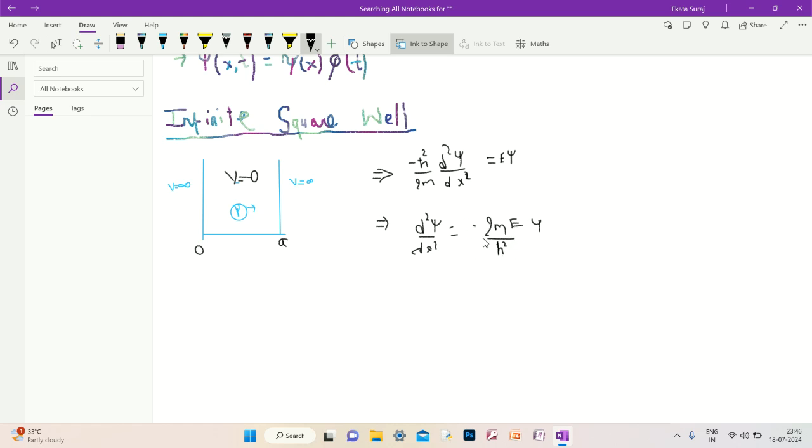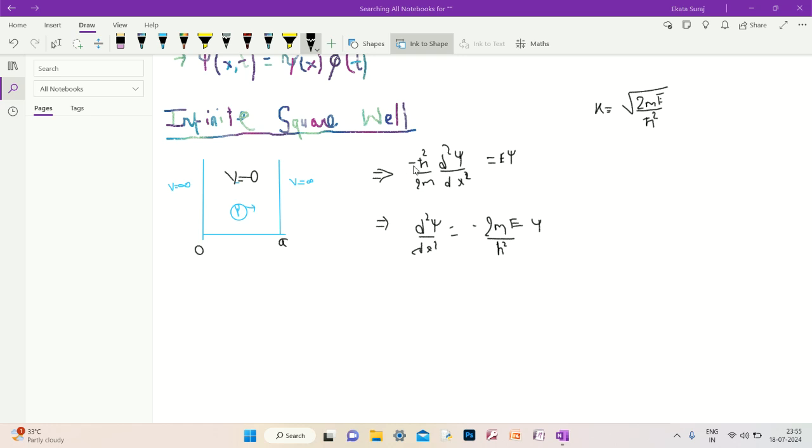We are just assuming this constant as k. Whenever you study the wave packet concept, you may remember this formula, which I am going to write here, that k is equal to root under 2mE divided by h cut square, so that you can put down those values and solve the Schrodinger equation.